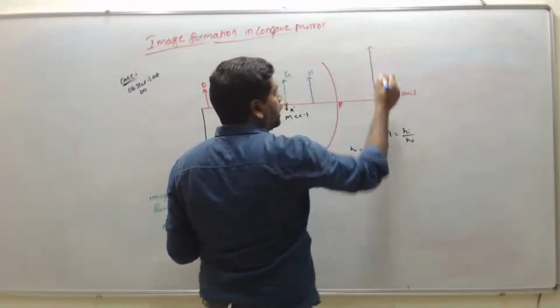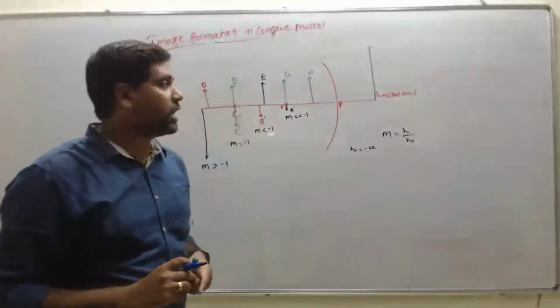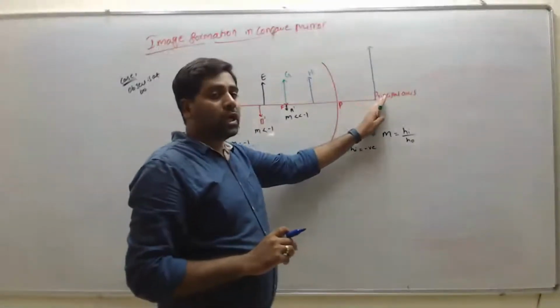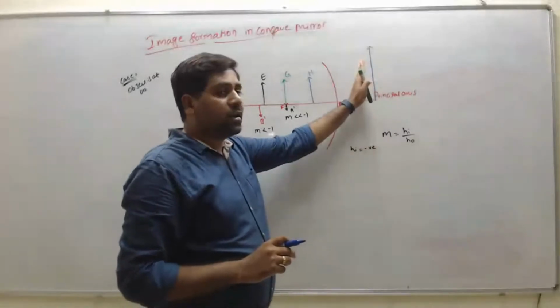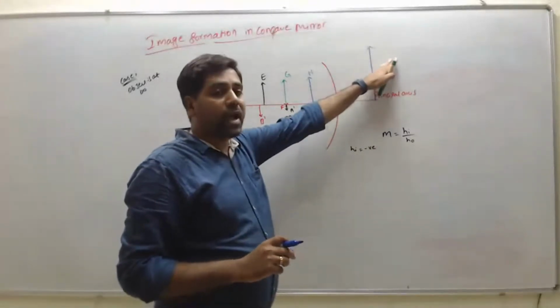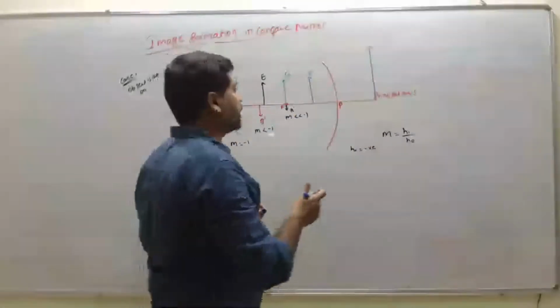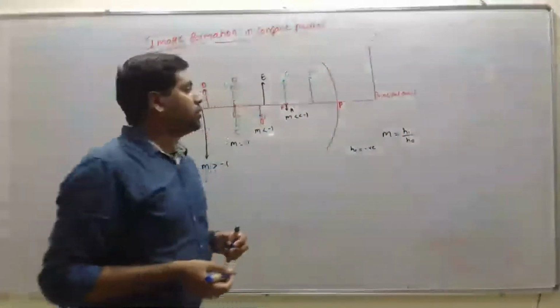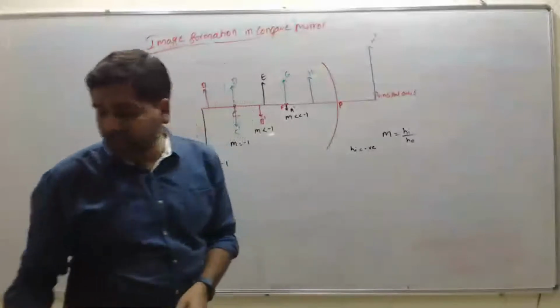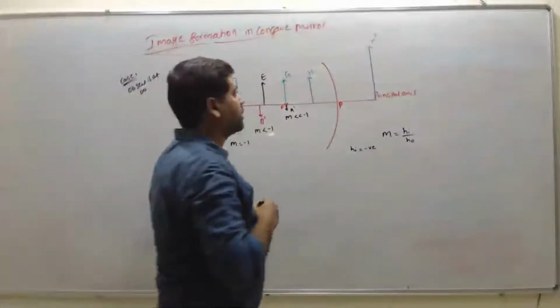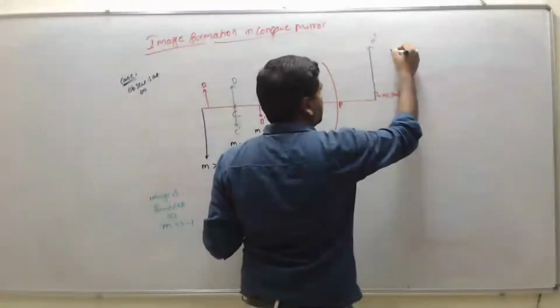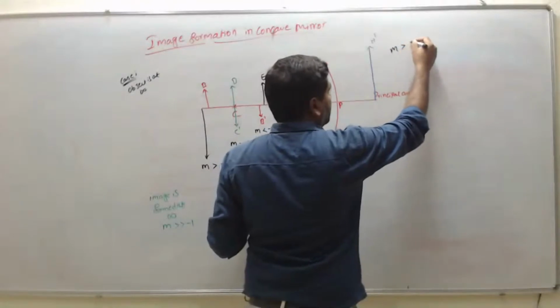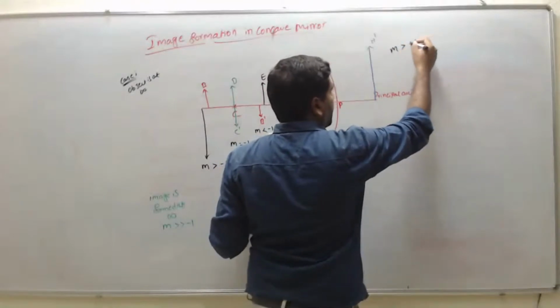Here the image formed is virtual, erect and highly magnified. Here it is h dash. So the magnification M is greater than plus 1.